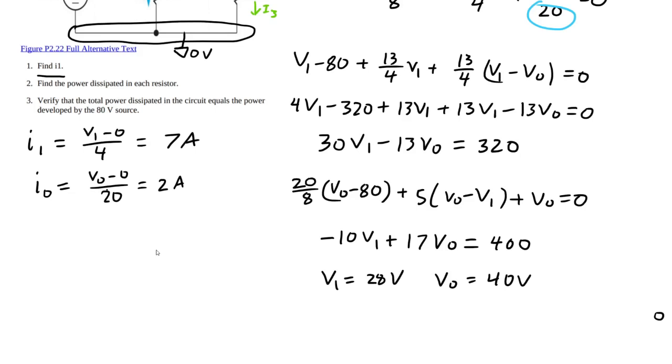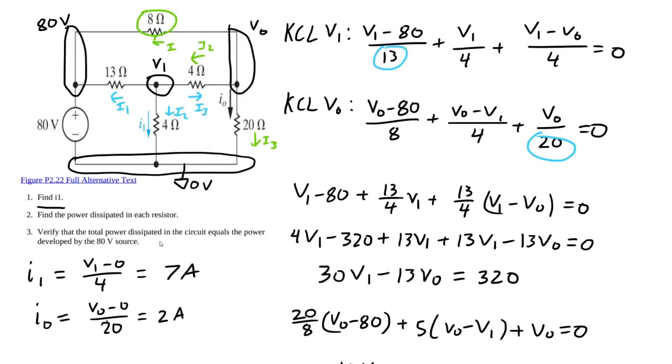Okay, so let's say that this is I2. We'll do it the 30 different ways, just that way we can get all of the different ways you can calculate the power.